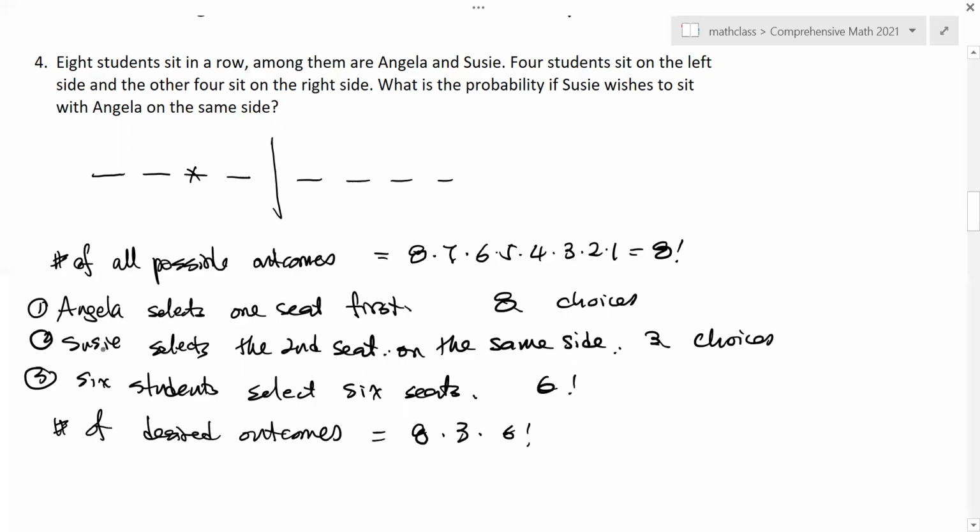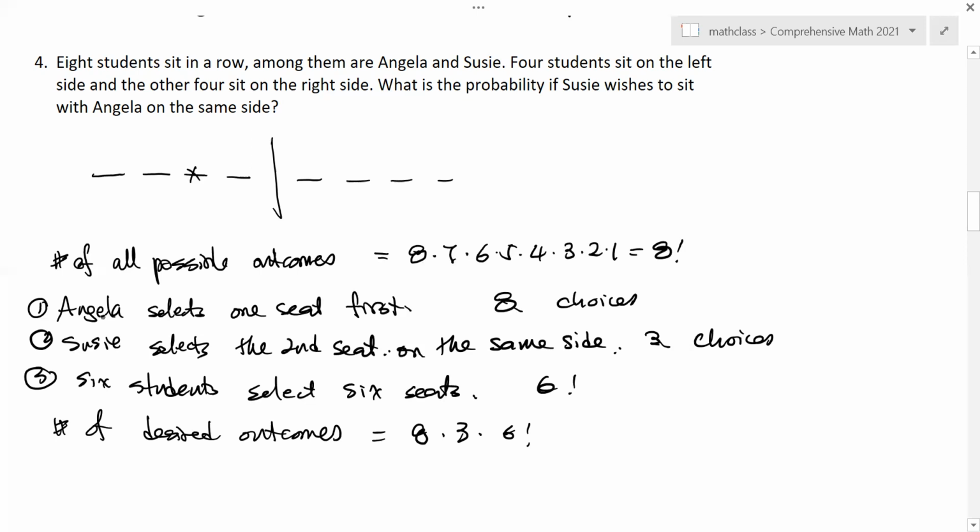Now, if in the second step you do not let Susie select the seat, then what happens? If another student selects the seat, either on the left hand side or on the right hand side, then if Susie selects the seat, the third person selects the seat, then they have trouble.